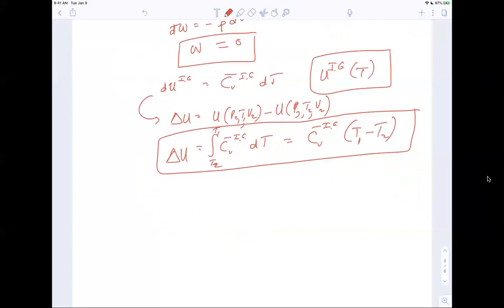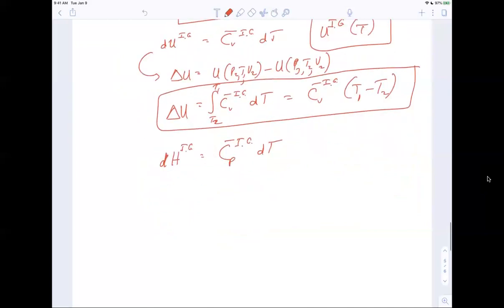We can do the same with delta H. We know that dH for an ideal gas is only a function of Cp, the heat capacity. And so to get delta H, we just integrate. So delta H is going to equal the integral from T2 to T1.